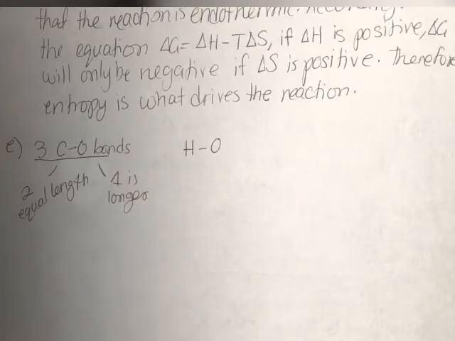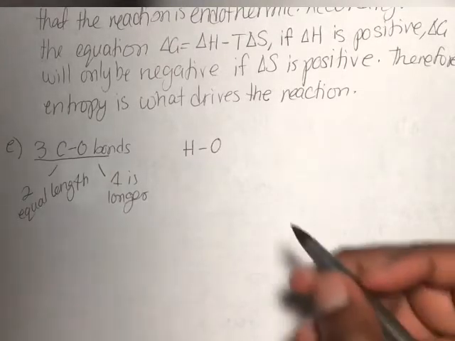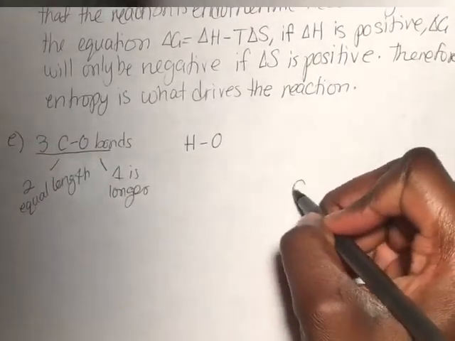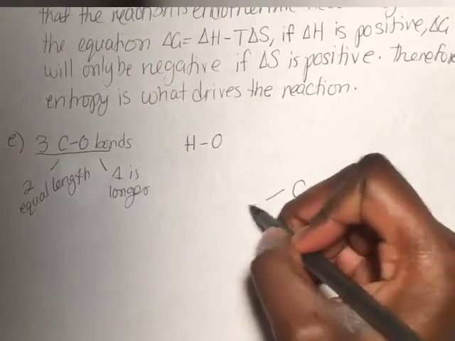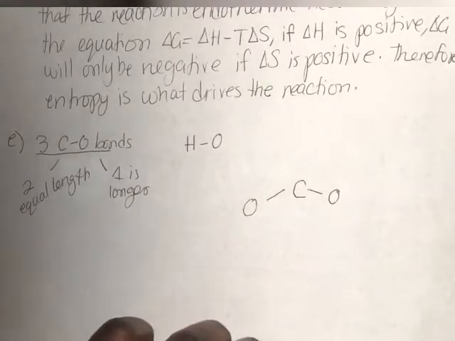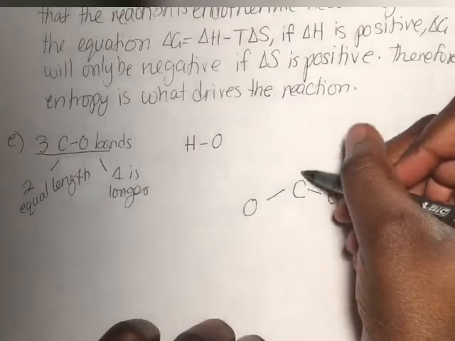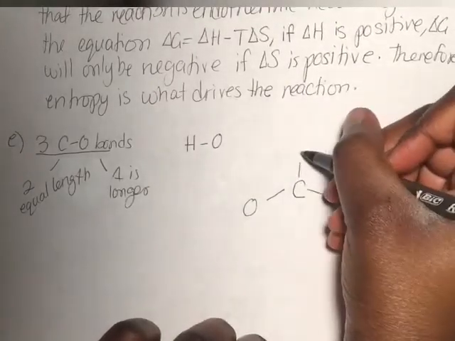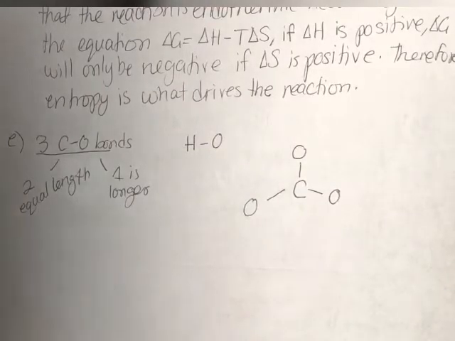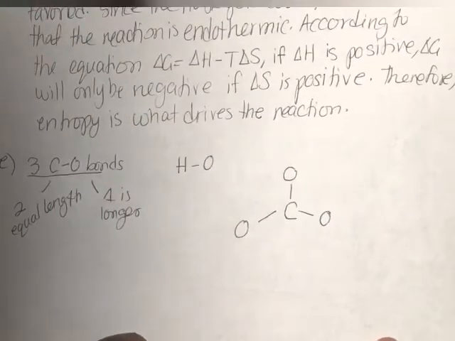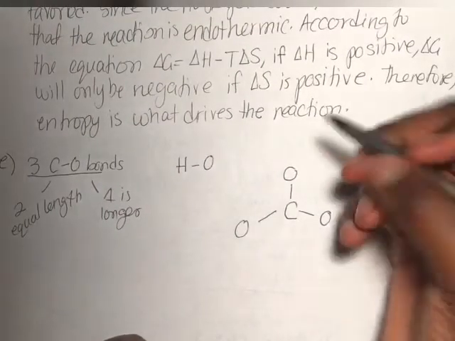So we know there are 3 carbon to oxygen bonds, so we can start with that. C for carbon, and then it's attached to 3 oxygen atoms. And then there's an H bond.